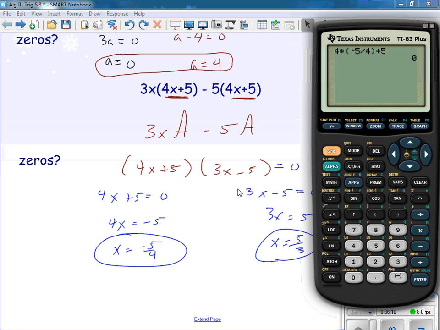On the other side, 3 times 5 thirds minus 5. I made a mistake. It wasn't negative, it was positive. I get 0. Since they're both 0, they're fine. Any questions on this piece or this piece, finding the zeros?